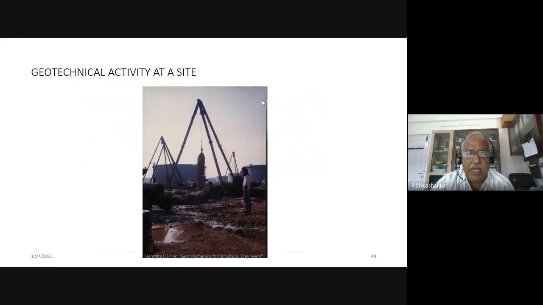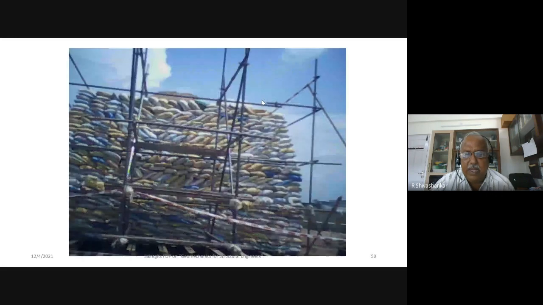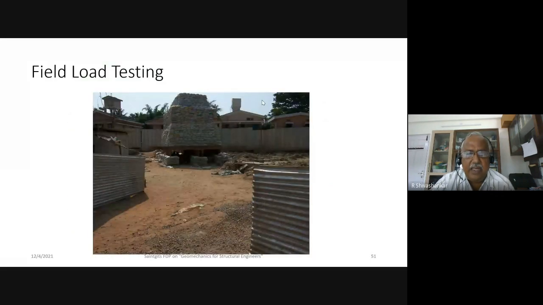In the case of piles, you'll have to do a deep exploration, and you may also do some field load testing, like a plate load test or a pile load test. But a plate load test will give you information only about the shallow depth, just about 1 to 2 meters.